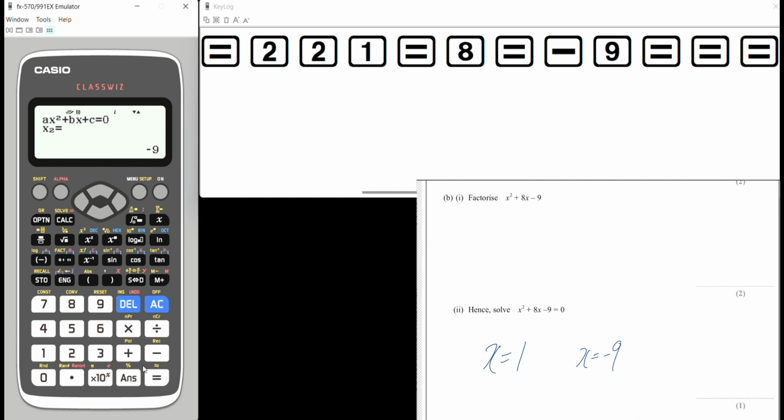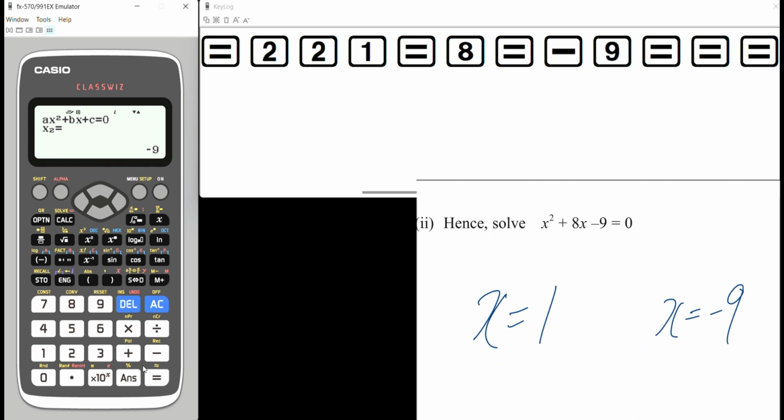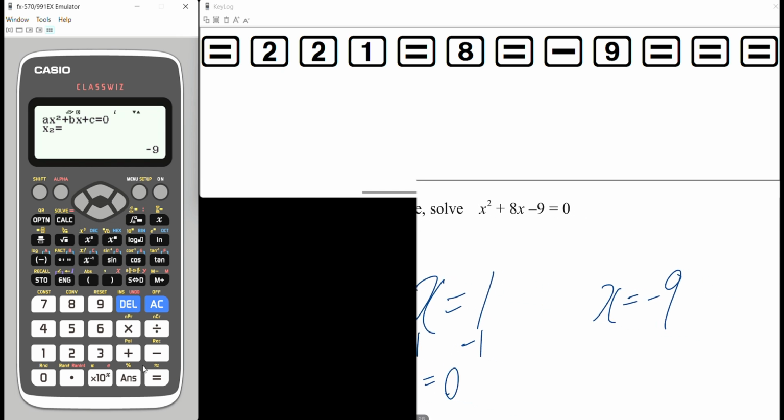So now getting both answers, x equals 1, x equals negative 9, doesn't really answer our question of factorizing. What you would need to do, for me the easiest way, is to move the numbers to the left hand side, so that the right hand side of the individual equation equals 0. So for this instance, you have to minus 1 on both sides, so it will be x minus 1 equals 0.